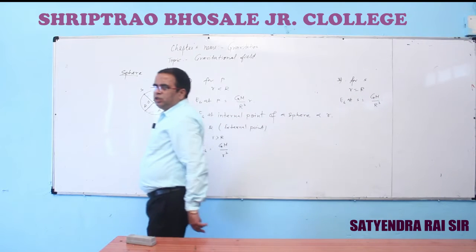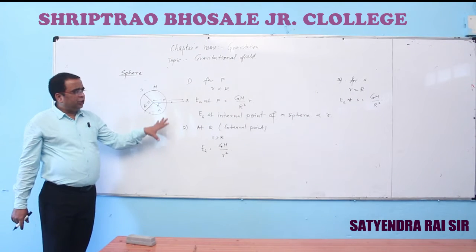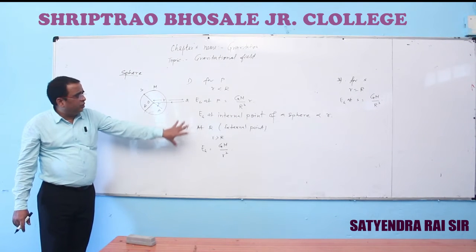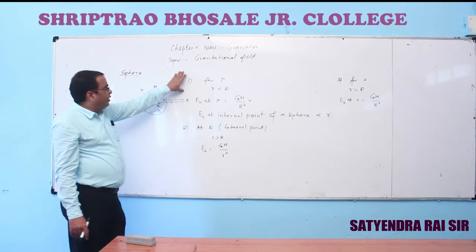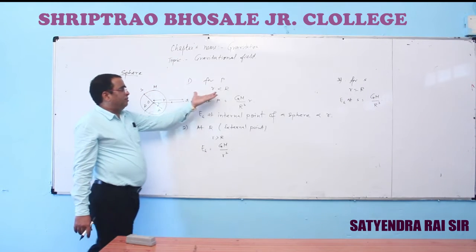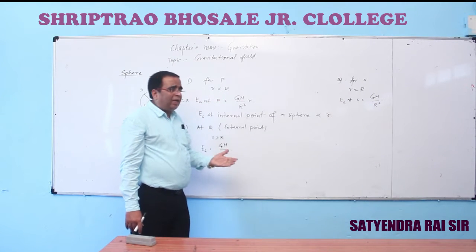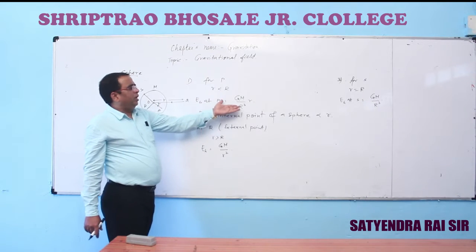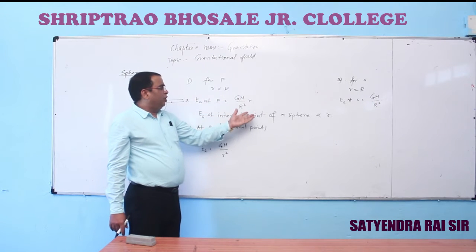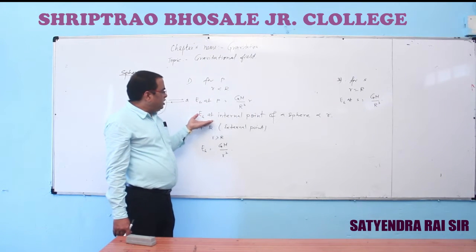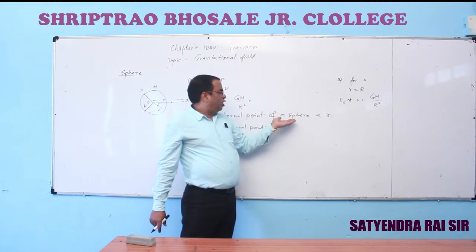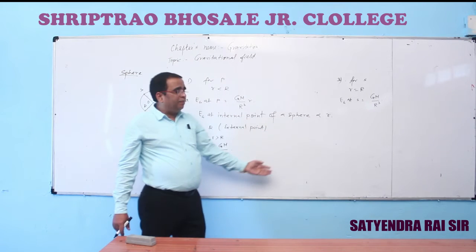These are the three cases. First, when the point lies inside the sphere, that means small r is less than capital R, and the field comes to be Gm small r by R cube, which shows that Eg at an internal point of a sphere is directly proportional to r.